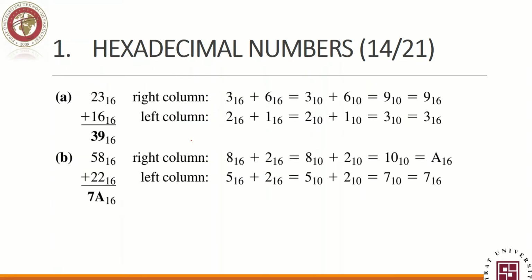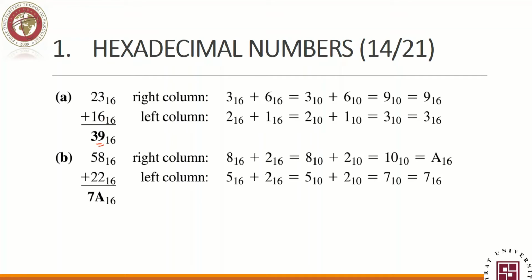Let's take A. Now look at A. 3 plus 6. Now sum them up in decimal. 3 in decimal and hexadecimal is the same. Also 6 in decimal and hexadecimal are the same. So 3 to base 16 or 3 to base 10 are the same. 3 plus 6 is 9 in both cases.